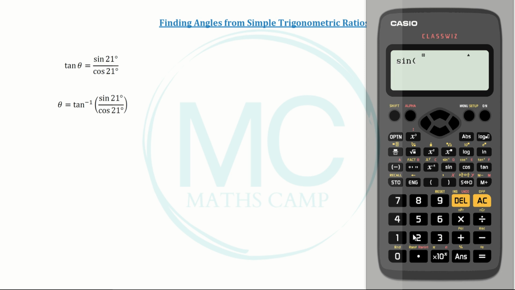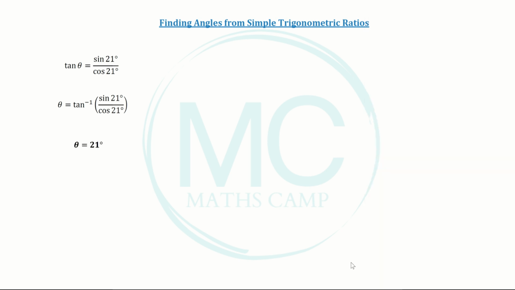Let's say sine 21 degrees, close the bracket, divided by cos 21 degrees, close that bracket, is equal to 0,383. Now we can say shift tan multiplied by the answer we just got, close the bracket, is equal to 21. This is our value for theta.